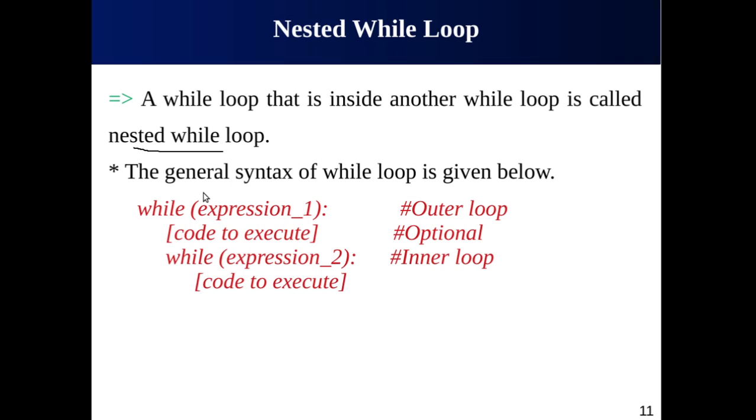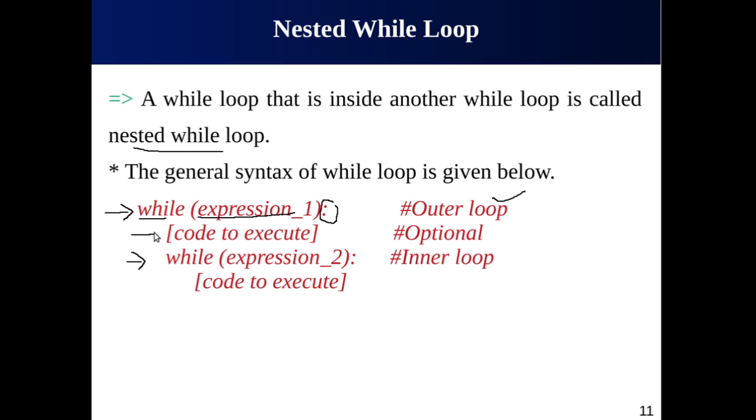The general syntax for the nested while loop is the same as the syntax of the simple while loop. But here the only difference is that we are dealing with multiple while loops. So here the outer loop has while as the keyword, followed by a boolean expression, the condition check, and that is followed by a colon. This is an example of the outer loop.